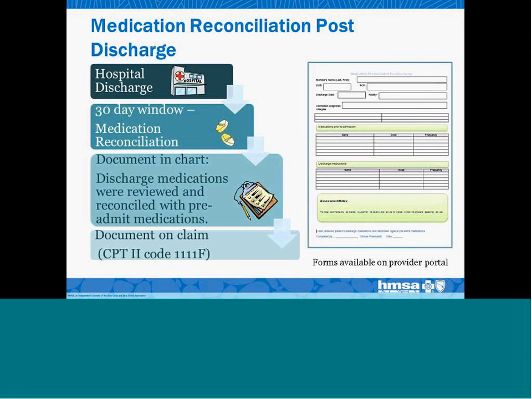I have another metric that I'd like to talk about for a minute, where coding for quality really affects outcomes for us and allows us to track your work. And that's the medication reconciliation post-discharge.